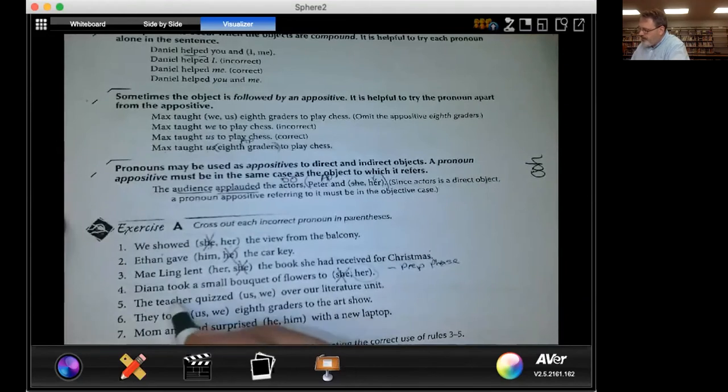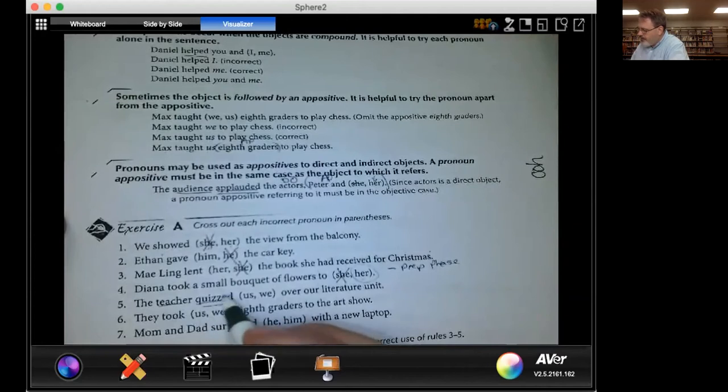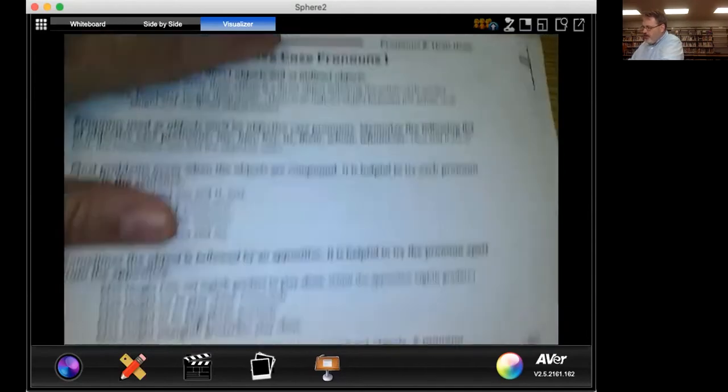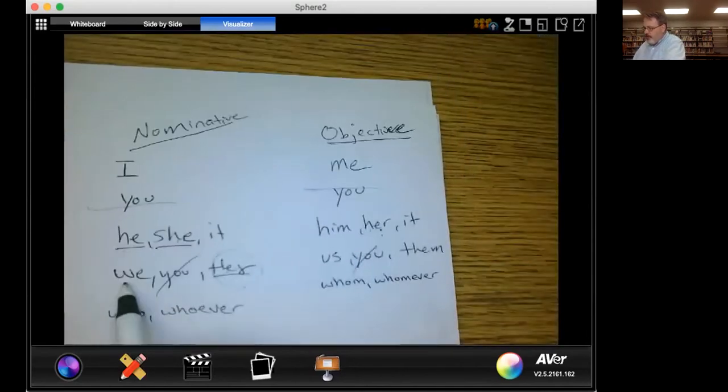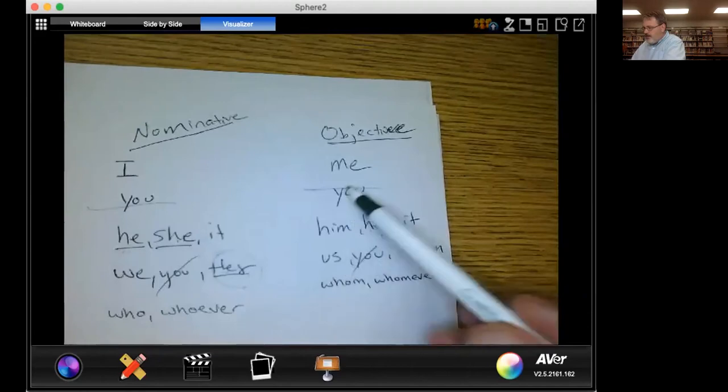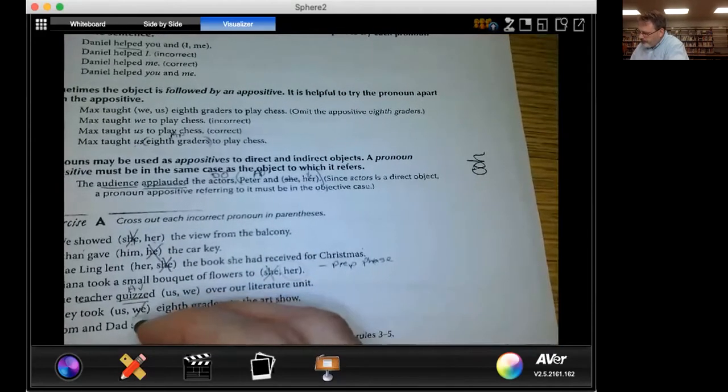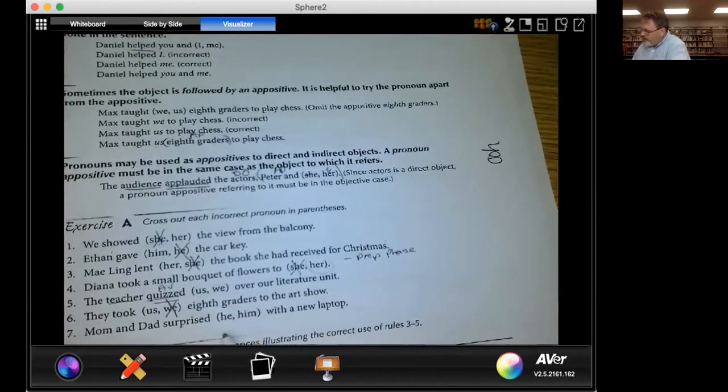Well, the teacher is the subject, quizzed is the action verb, and then that means that this is a direct object. Well, we is nominative, us is objective. Like that. Mom and Dad surprised him with a new laptop.